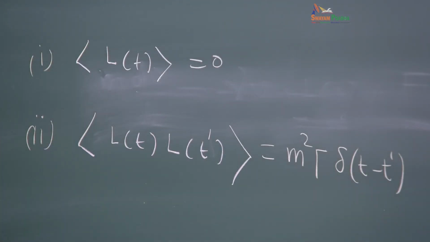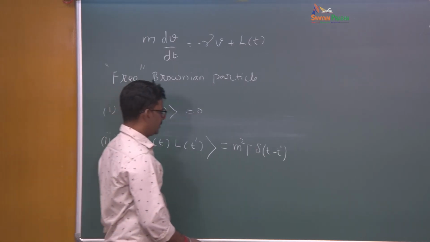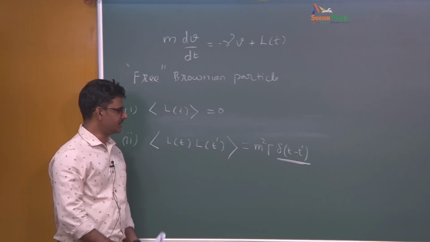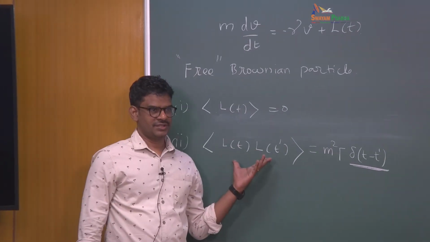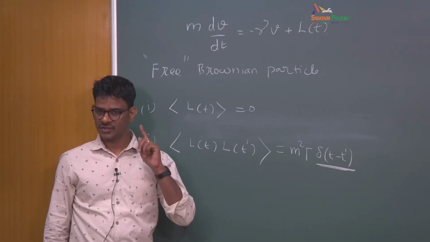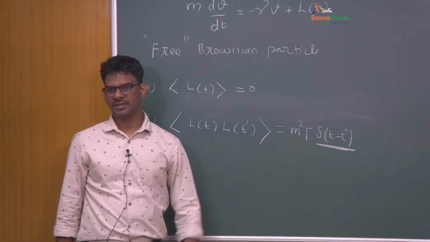These are the conditions about the random force acting on the Brownian particle. And we know that this is a delta function. What we are saying is this autocorrelation function is a delta-like function, and it is non-zero only when t is equal to t prime.